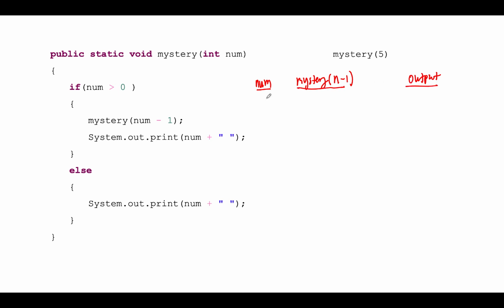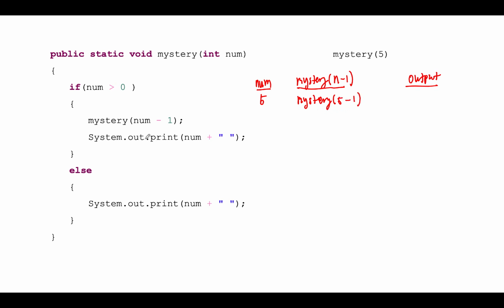All right, num begins with 5. And 5 is greater than 0, so we're going to execute what's in the if block. This time we're going to be calling mystery 5 minus 1.